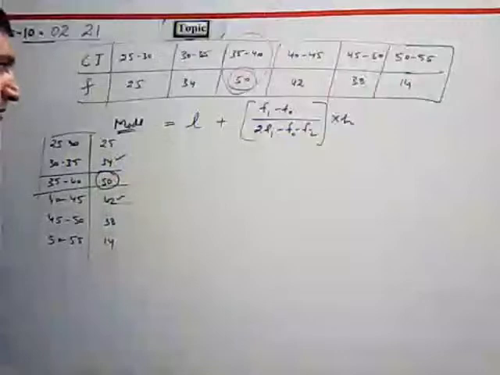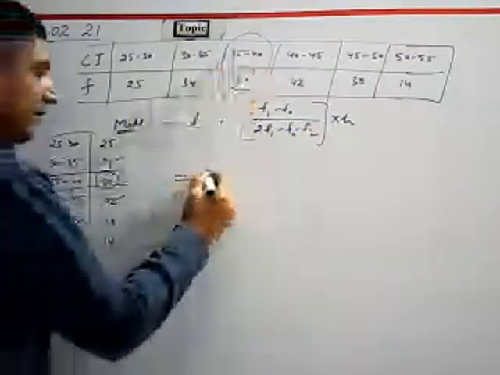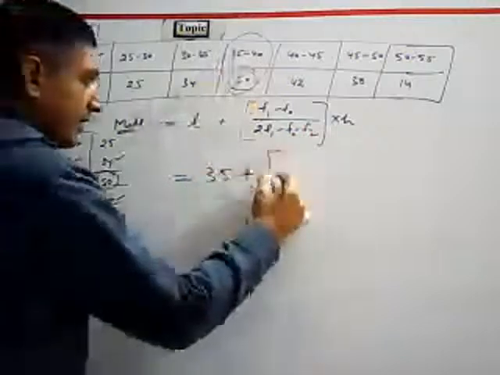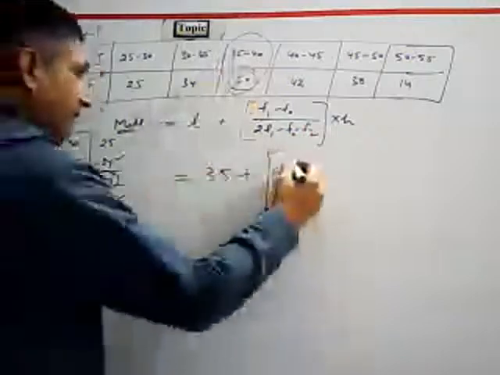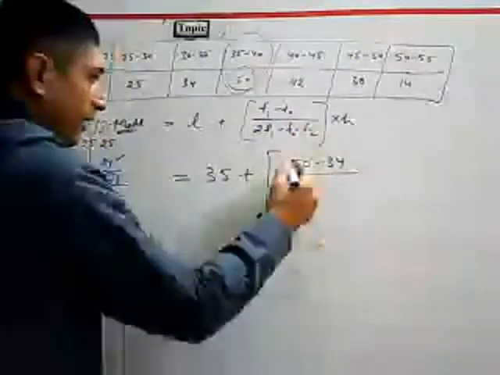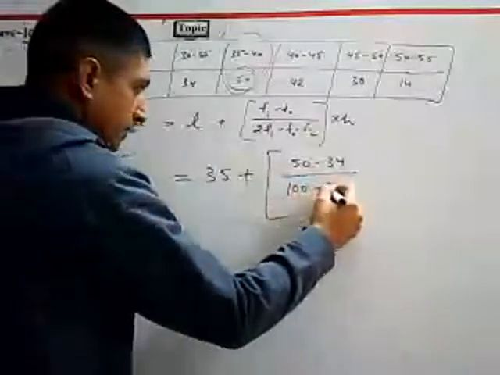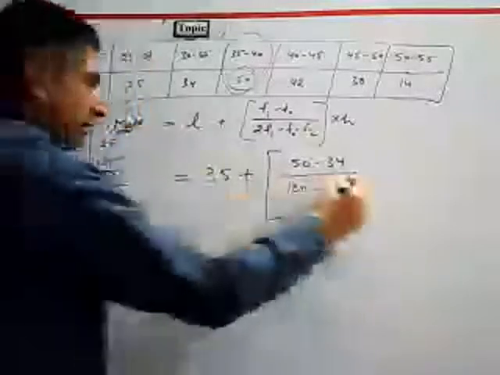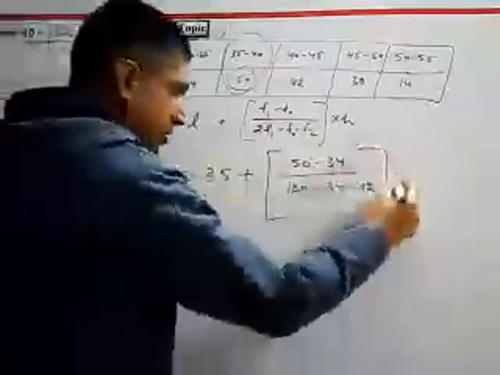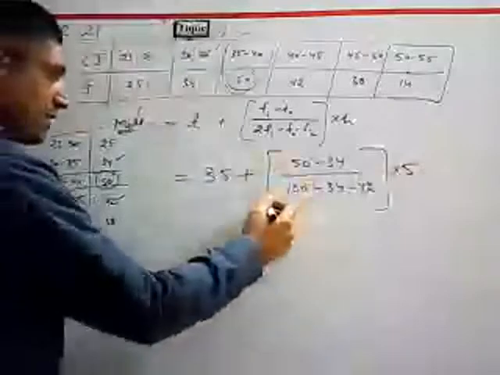Substituting the values: lower limit is 35, plus F1, that is 50 minus 34, divided by twice F1, that is 100, minus 34 minus 42, into H, that is 5, right? We will solve this separately.